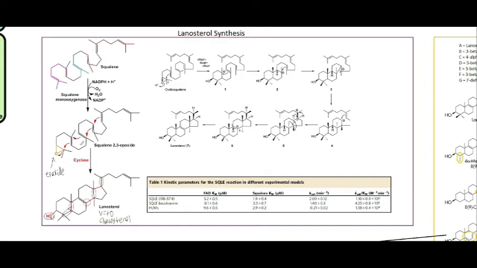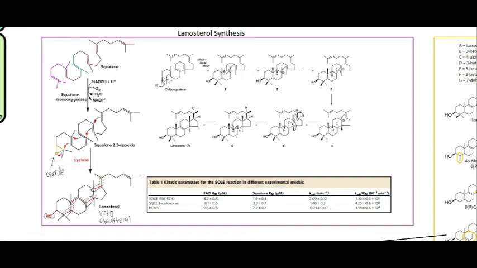This reaction right here is forming this bond. This reaction here is forming this bond, and this reaction here is forming that bond. So we can see this step by step. This double bond is attacking that carbon, which breaks one of the bonds on this unstable epoxide ring here.